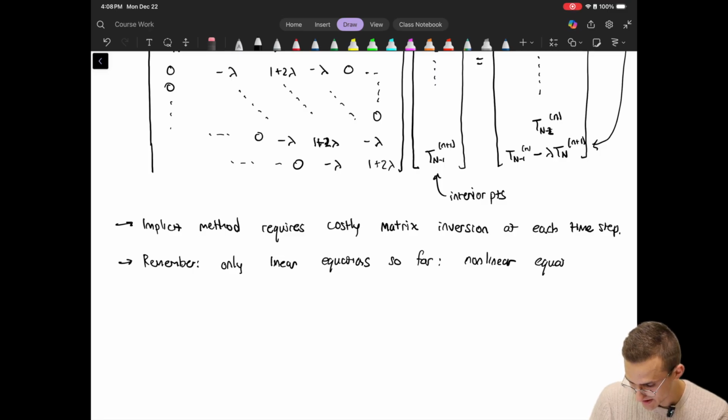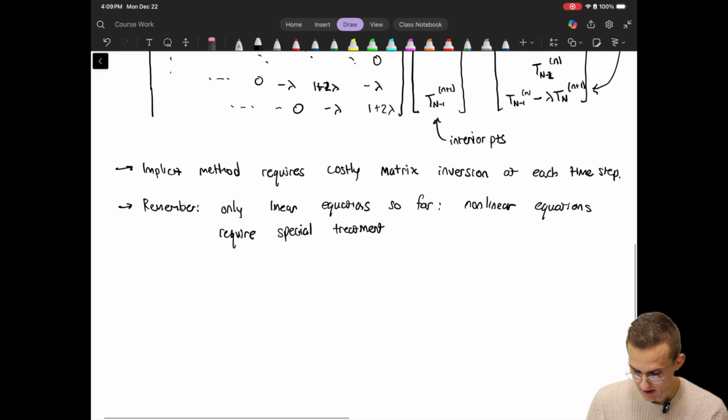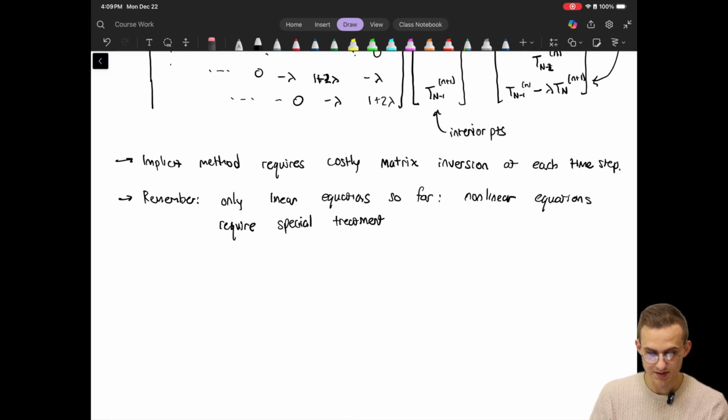So you're not going to end up with a nice big matrix system, right? Because once you apply your discretization, you're going to have nonlinear functions of the grid points present. So this sort of approach is not going to give you clean results every time.